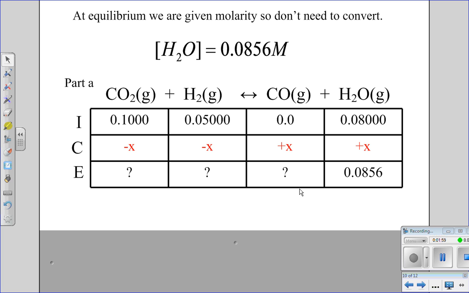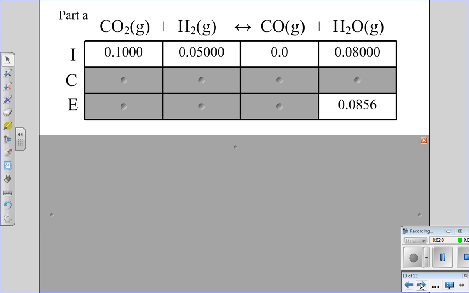So we actually know this number at equilibrium, so we can actually determine that it's not x, it's 0.0056. So that means this one will also be plus 0.0056. And on the reactant side, it will be losing the same amount.